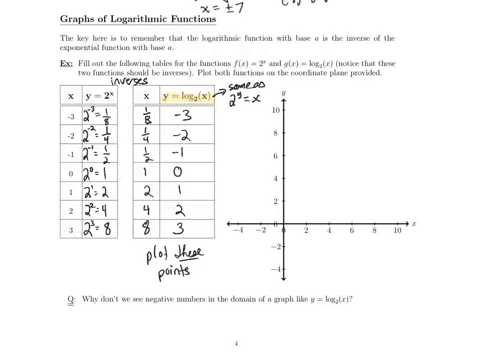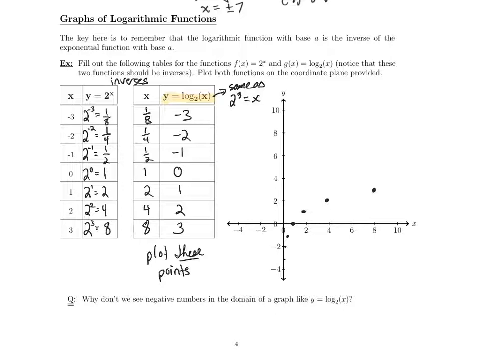So to begin, I'm going to start at the end with 8, 3, 4, 2, 2, 1, 1, 0, and then we have 1/2, -1, 1/4, -2, and then 1/8, -3.